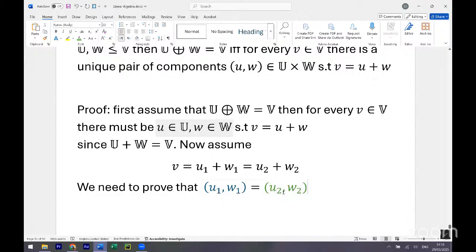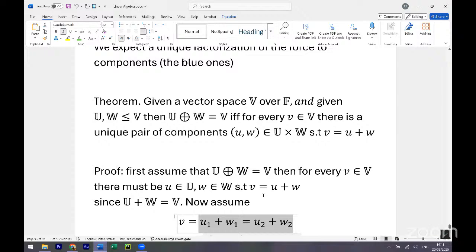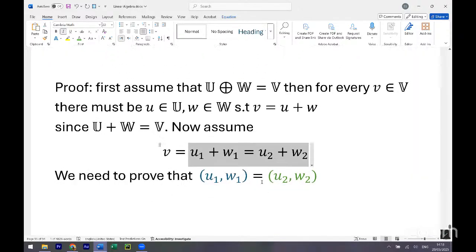Does anyone have any idea as to how from that data assumption we can prove that these pairs are the same? I mean, assume by contradiction that they are different, and then we show that if U2 is different than U1, then W2 has to be different.